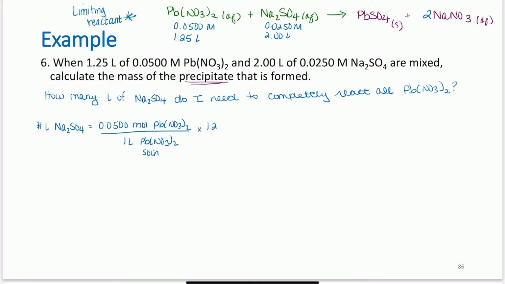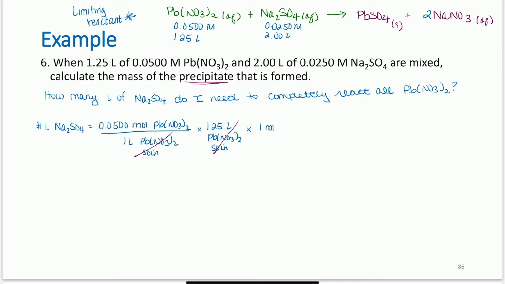And I have 1.25 liters of that solution. This step right here has canceled out my liters, and now I have moles of lead 2 nitrate. Now I can use my balanced equation to calculate how many moles of sodium sulfate I need. I need moles so I can eventually use the concentration to get to liters.